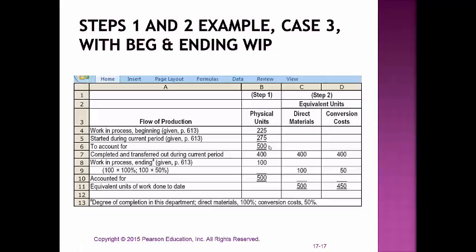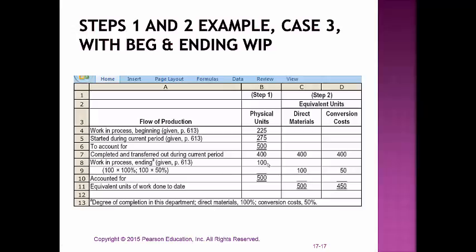In regards to the process, how many of those 500 did we complete 100% of the way and transfer out during the period? Well, we did 400 units. So here we've got completed and transferred out during the current period, 400. 500 minus that 400, we apparently have 100 still left in the process.